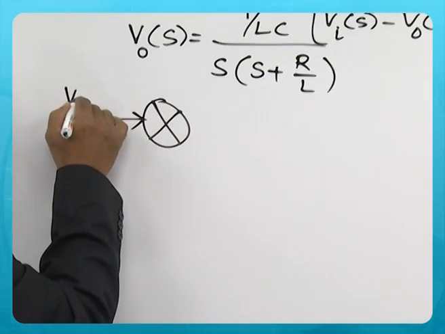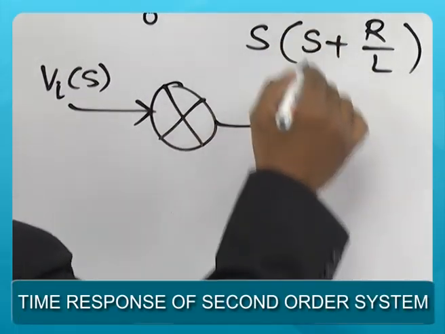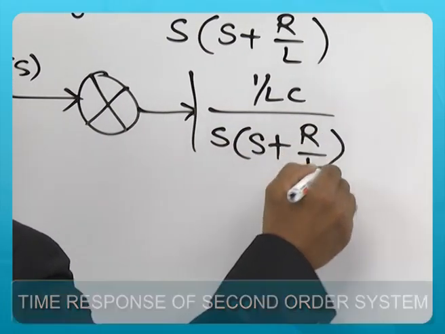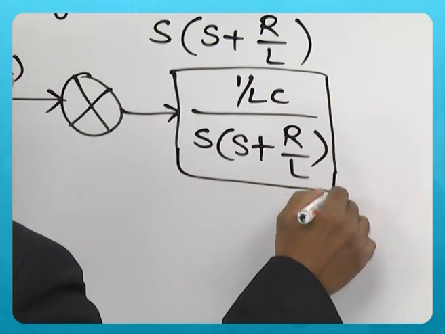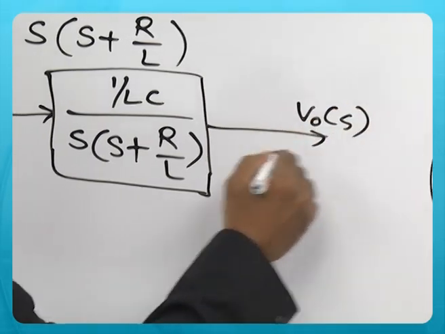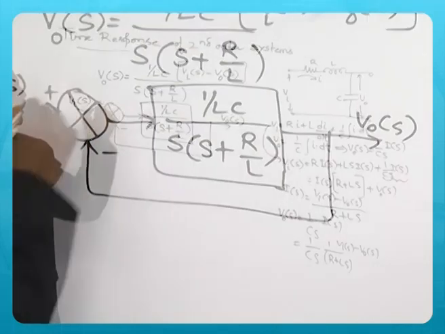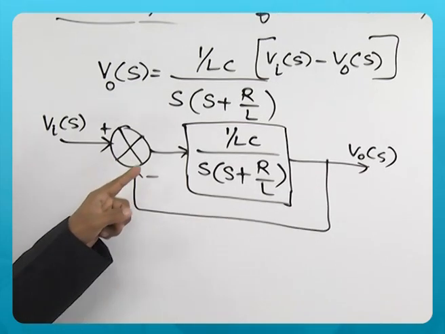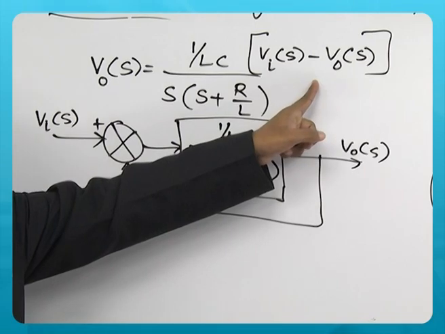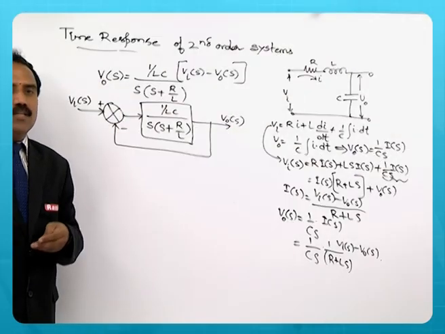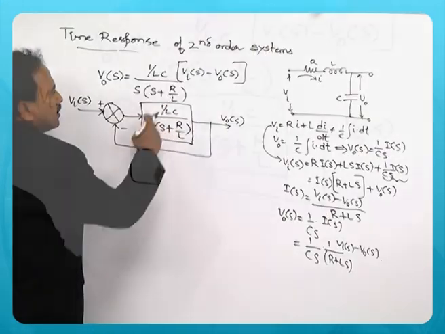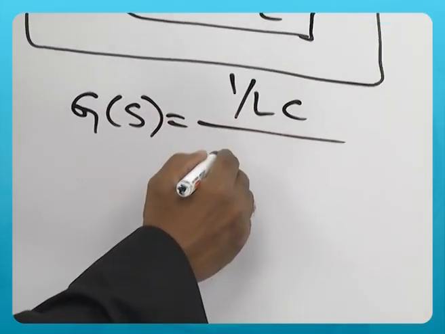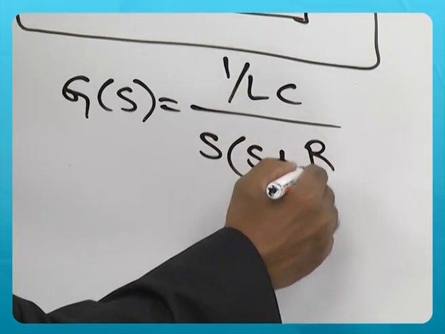Vi of S is input, and this is a block 1 by LC by S into S plus R by L, and then you have V0 of S and a loop, because Vi of S minus V0 of S is the output of this error detector, and this block is multiplied by this error, you will get V0 of S. That is the way the block diagram is drawn, and this can be considered as G now, or G of S is equal to 1 by LC by S into S plus R by L.